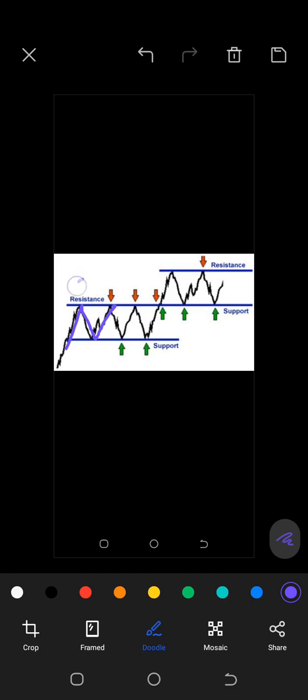So if you look at here, you see that the market came here and then bounced off, came down, went again, bounced off, went to support, came down again. Then you see I told you that it can break this resistance. It can break it and move to the next resistance, maybe resistance 2. And then whenever it breaks, it always will come back and retest the previous resistance level.